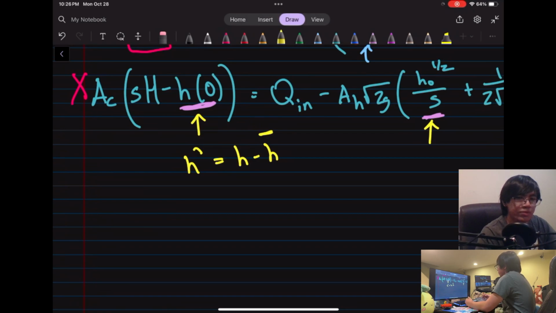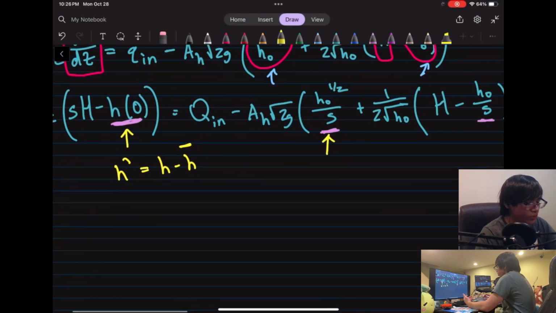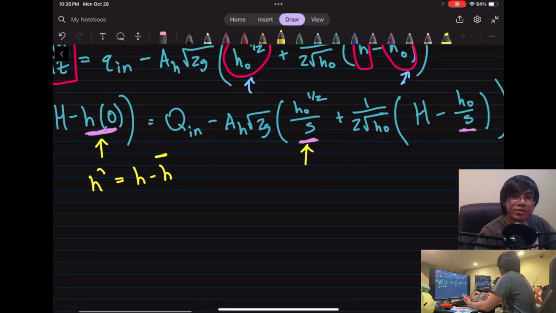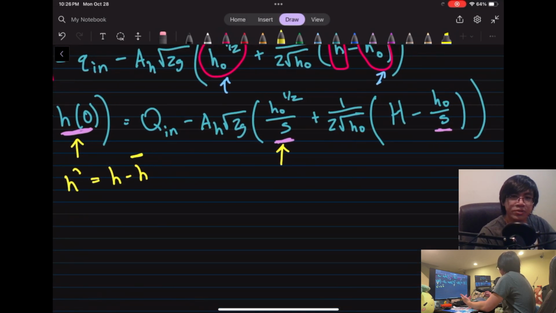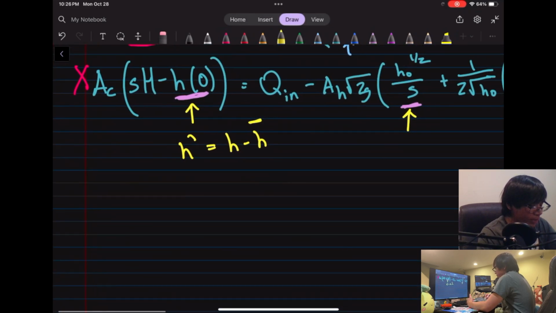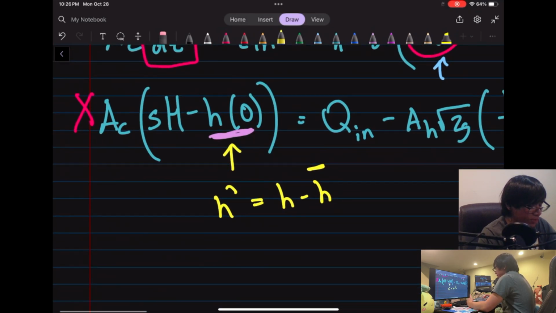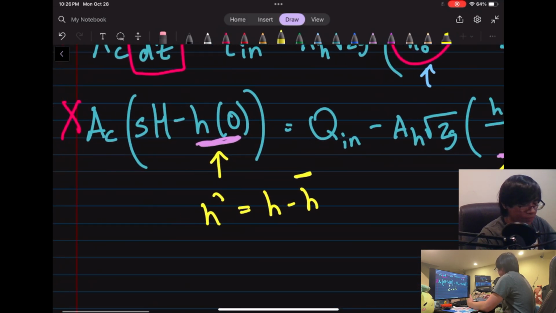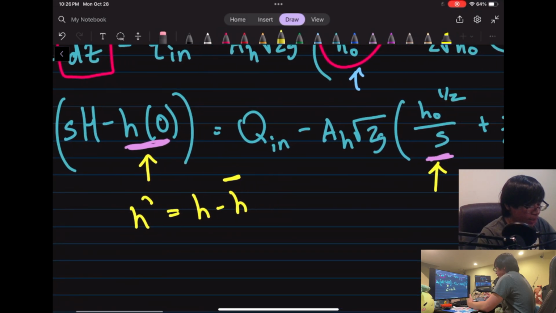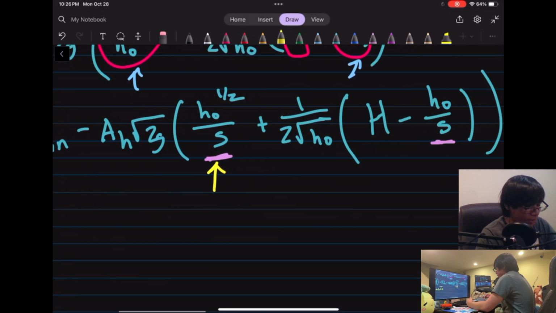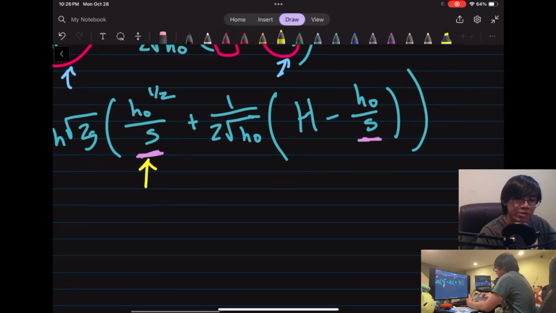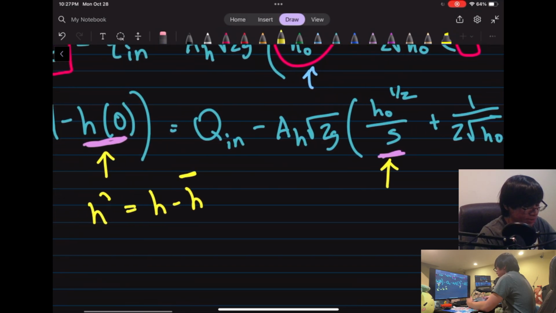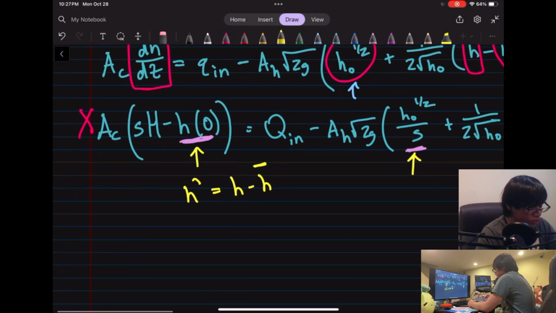In our case, we're going to be choosing the Taylor series expansion center point at the initial steady state, so that we get rid of this term. It'll be h prime of 0, which becomes 0, and then we can get our Taylor series expansion in terms of a center point at initial steady state, and you'll see that here shortly.